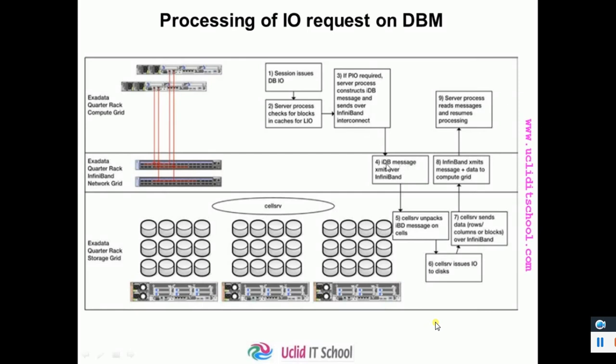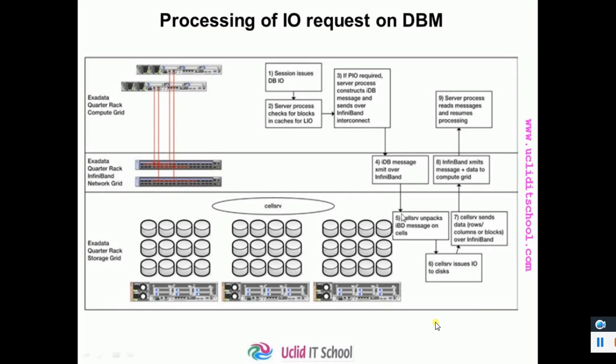This IDB message, transmitted over InfiniBand, reaches the storage servers, and it is transmitted in parallel to every storage server in the database machine, because the matching blocks may be present on any of the storage servers.